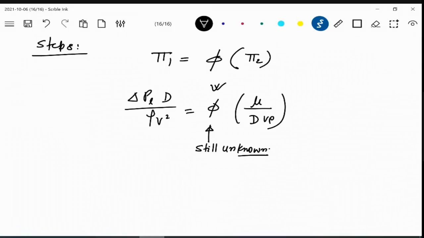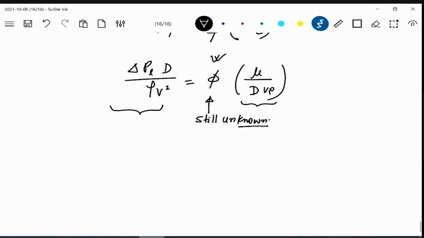But what I found is that this 5 variable problem can be reduced into a 2 variable problem. So we can study this pi problem. What is the conclusion?